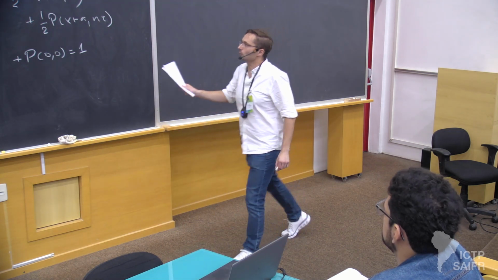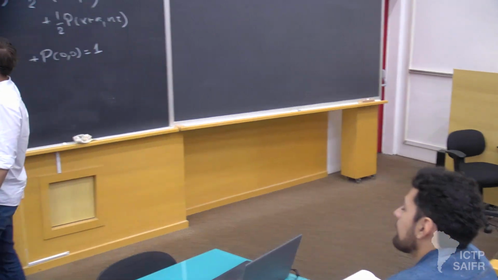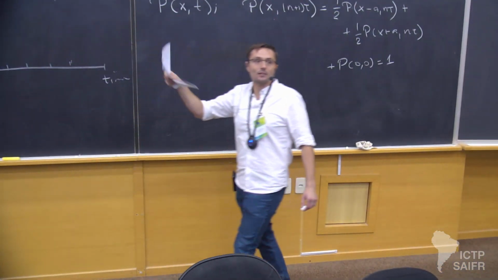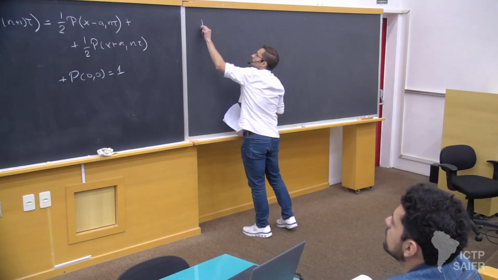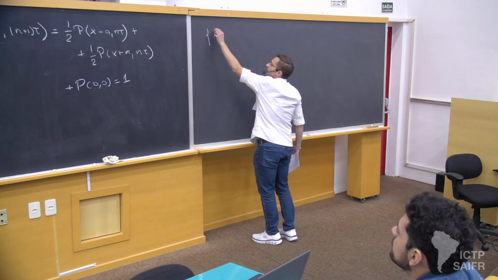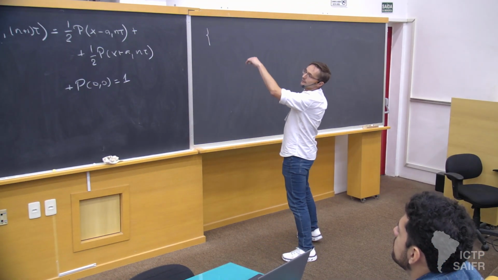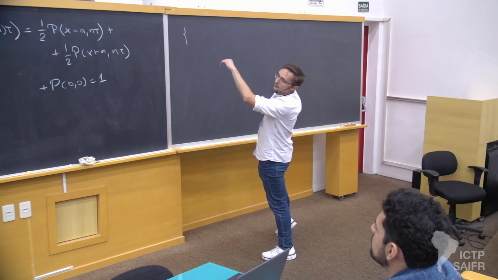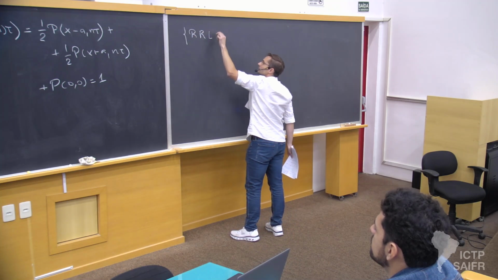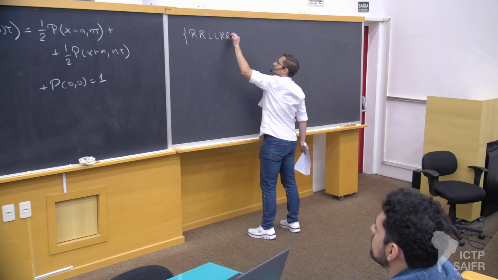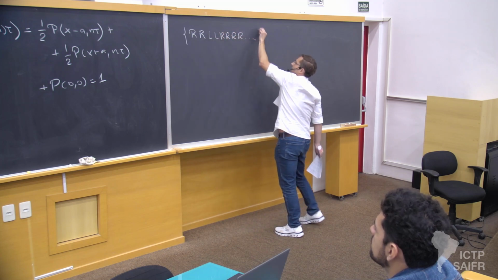At the end, when we have these trajectories, what we have is a sequence of jumps to the left and to the right, right? So imagine that I have generated a trajectory, and let's use the one that I had there, which was right, right, left, right, right, left, left, right, right, right, right, whatever.